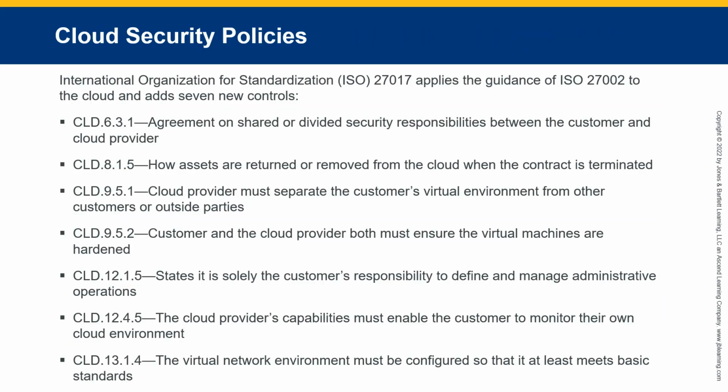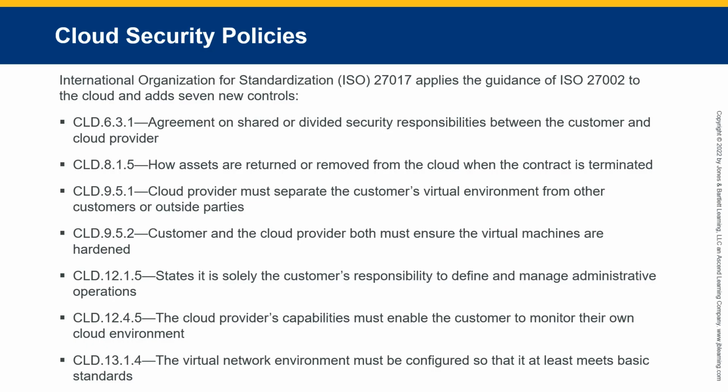Cloud security policies. International Organization for Standardization ISO 27017 applies the guidance of ISO 27002 to the cloud and adds 7 new controls. Here they are. CLD 6.3.1, agreement on shared or divided security responsibilities between the customer and cloud provider.